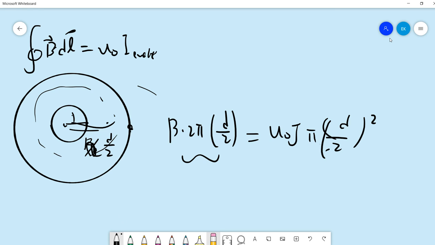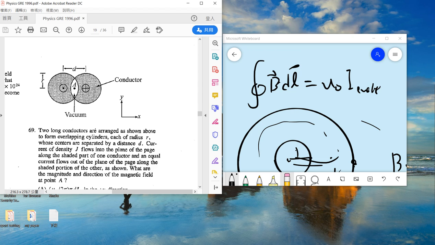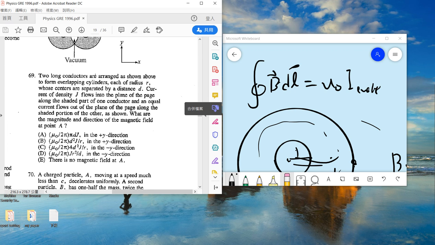So you get B is just mu naught J pi D divided by 4 pi. The pi cancels, and basically it needs to have the same contribution. The left one has y direction, and this one also has y direction. So the answer should be in the y direction, times 2.